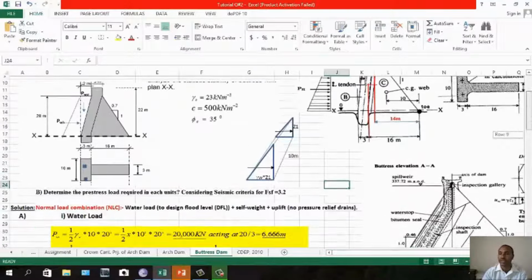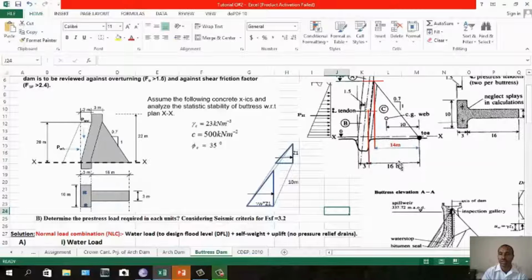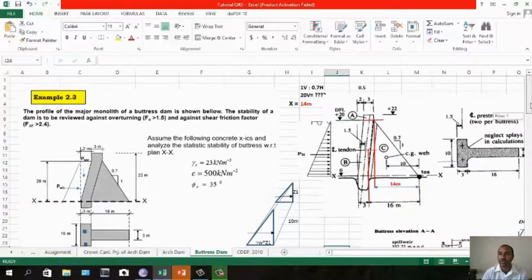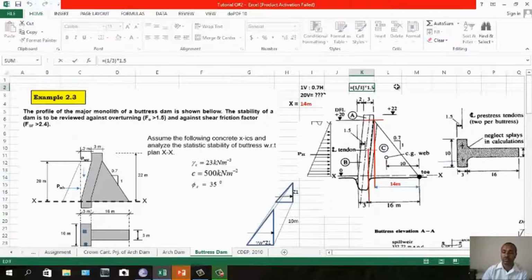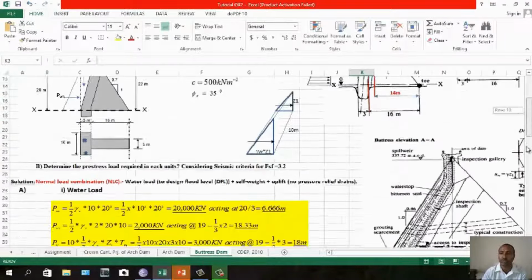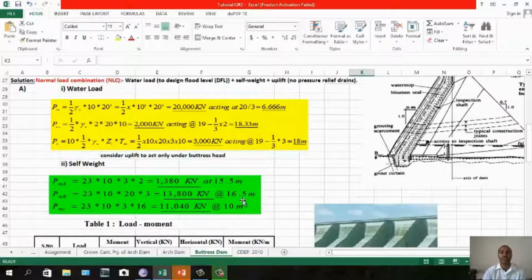How do you get it? You go to this cross section, you have 16 up to this point. So the total is 3 meter. Half of this is 1.5, then 1/3 of 1.5 will give you 0.5. So 16 plus 0.5, 16.5. This is the centroid from the top of the dam.